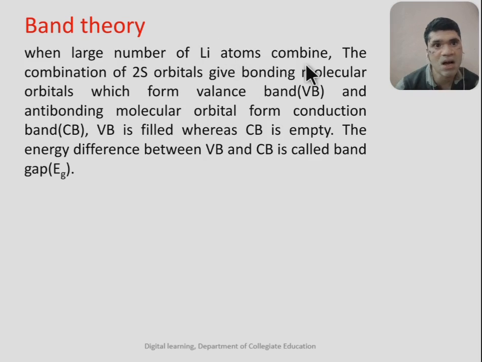All the 2s orbitals combine to give bonding and antibonding molecular orbitals. Since a large number of lithium atoms are there, the bonding molecular orbitals form a band. Similarly, antibonding molecular orbitals form a band. The bonding band is also called the valence band, whereas the antibonding band is called the conduction band.